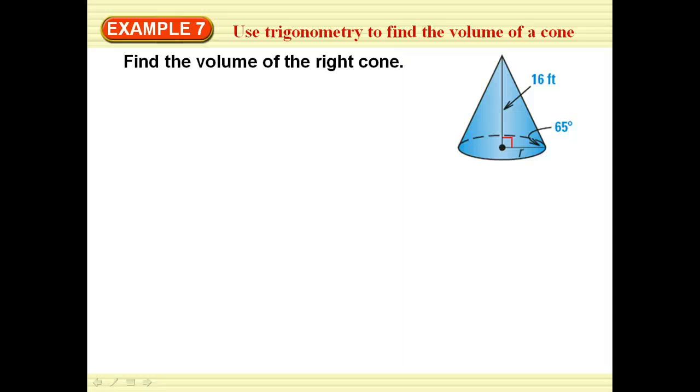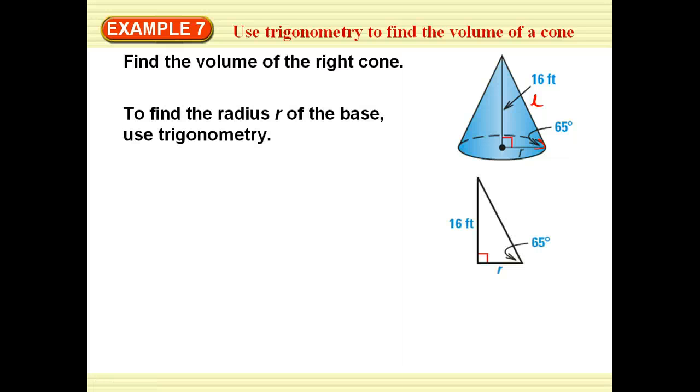Another example, finding the volume of a right cone. Notice what information it gives me. It gives me an angle outside here, this 65-degree angle. It gives me the height. So remember what I've got to have. I've got to have this radius, but I also need this lateral height, or the slant height.